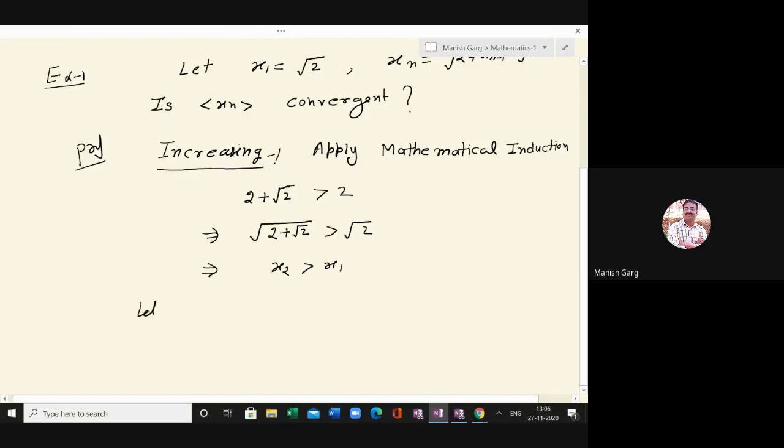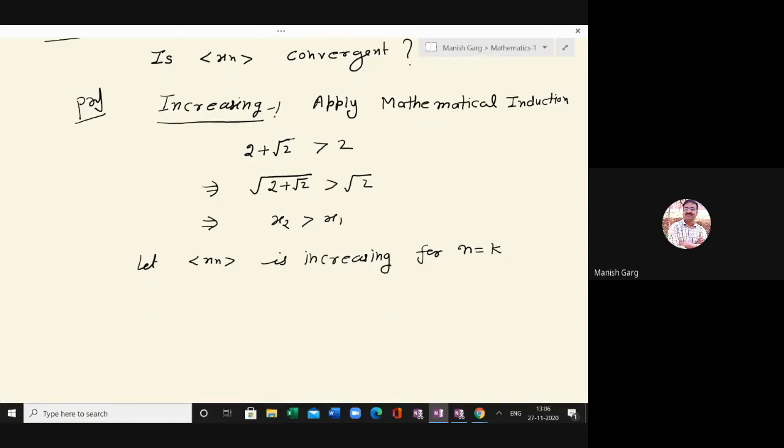Let xn be increasing for n equal to k; now we need to prove it for n equal to k plus 1.